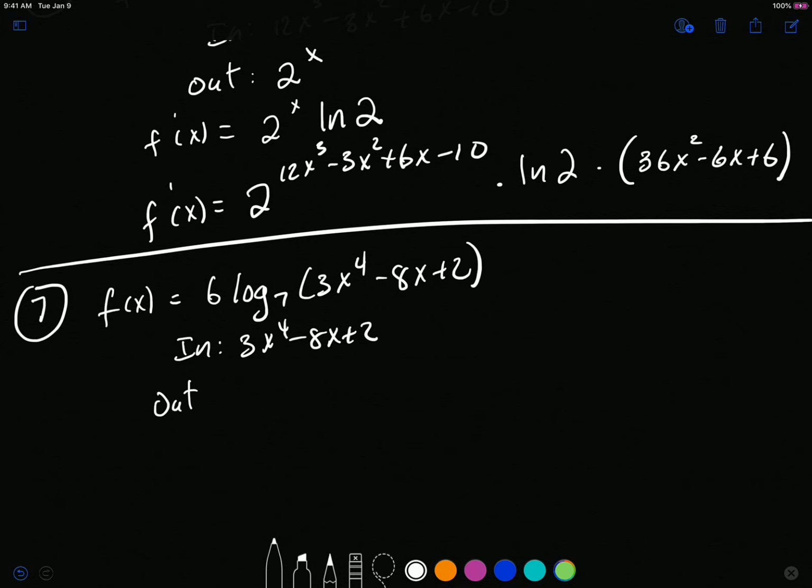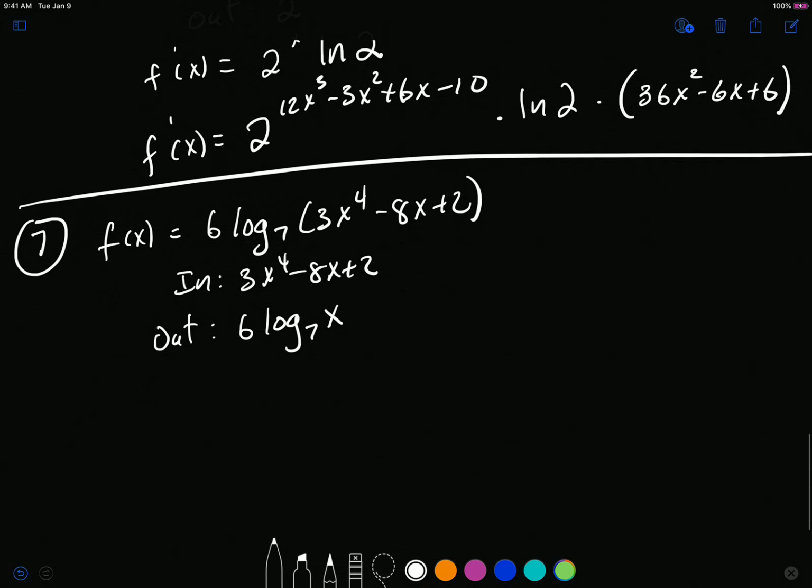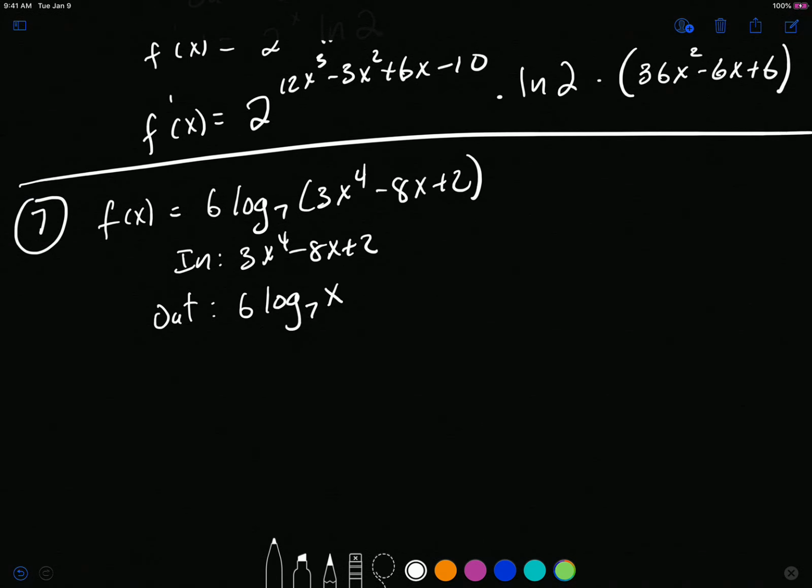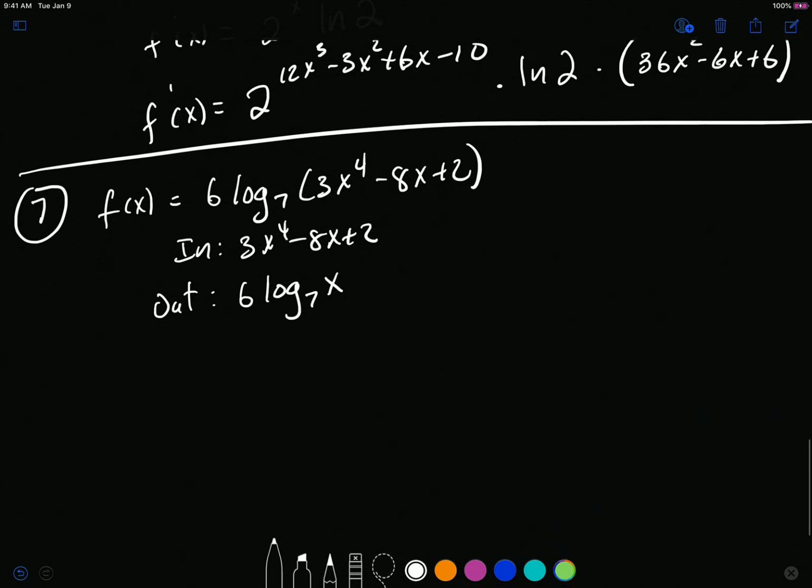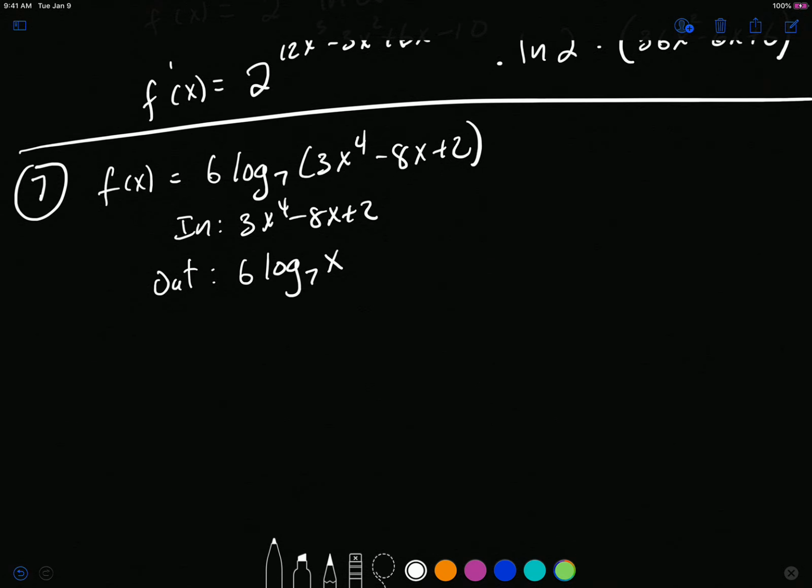The outside function is 6 log base 7 of x. And from here, we build our overall derivative. F prime is 6 over x ln 7. That's the derivative when you have a log base 7.